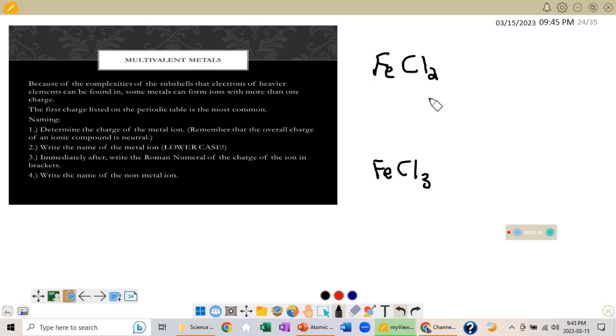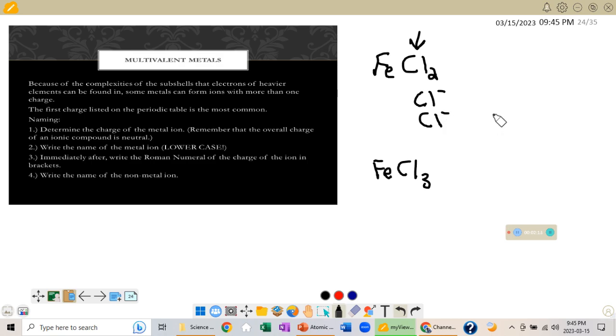We're actually caring about which one we have in front of us. So in this case, I know that iron is going to need a Roman numeral. I need to look first at my nonmetal, my chloride. The 2 tells me there's 2 of them. I look on my periodic table and find that each of them is a Cl minus.